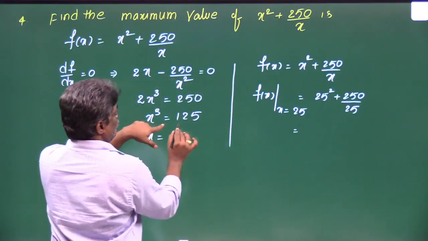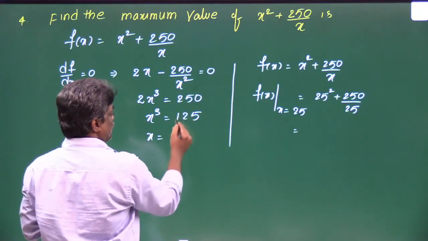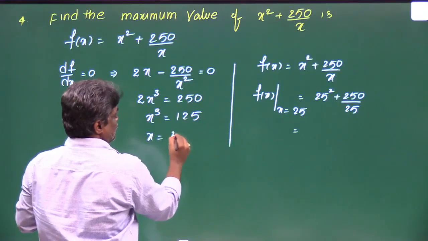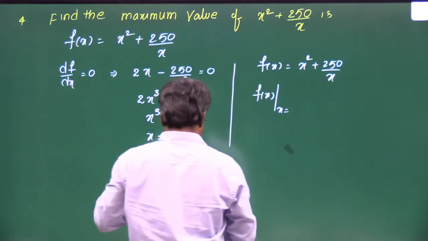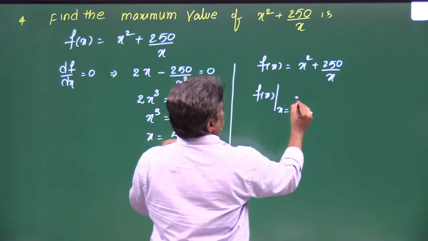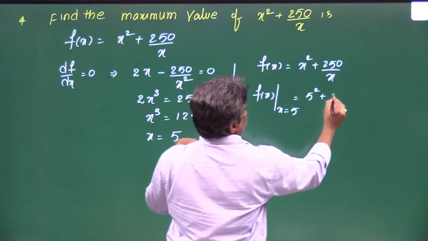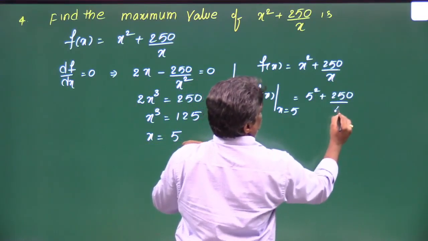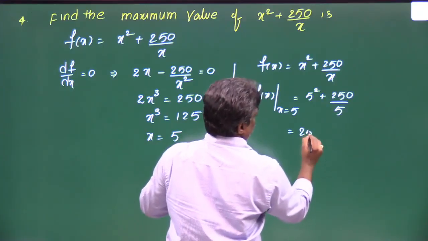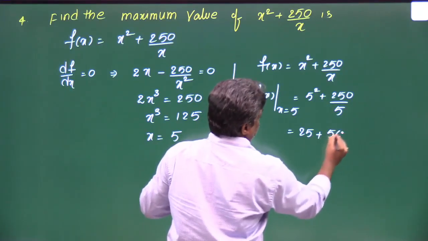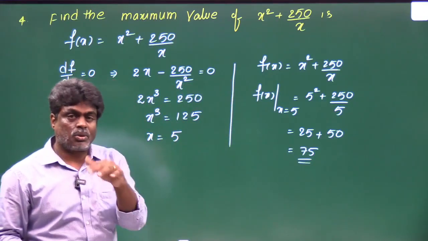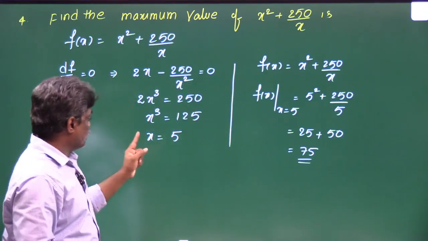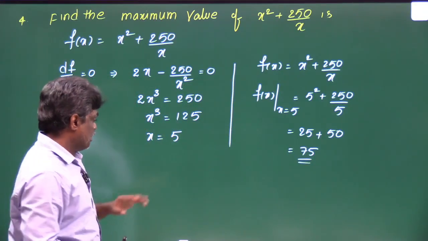This is x cube equal to 125, it's not 625, sorry. That's why it is 5. So just substitute x equal to 5. Then you will get 5 square plus 250 by 5, so this is 25 plus 50. The answer is 75. X cube is 125 means x is equal to 5. That's it.